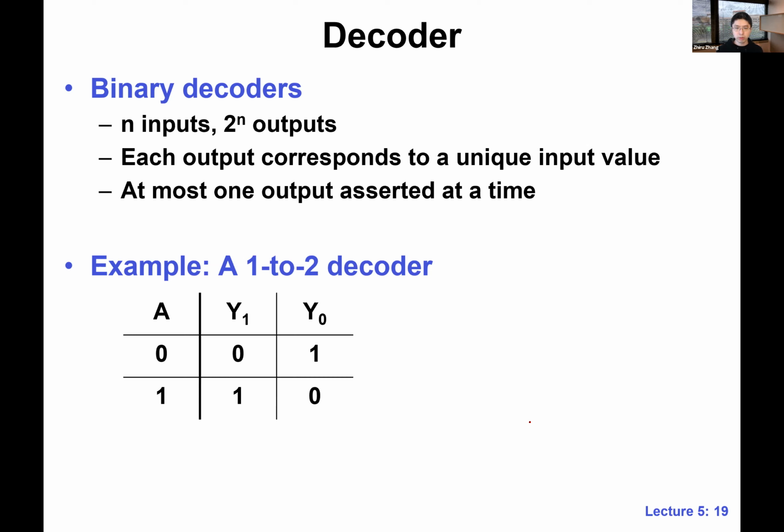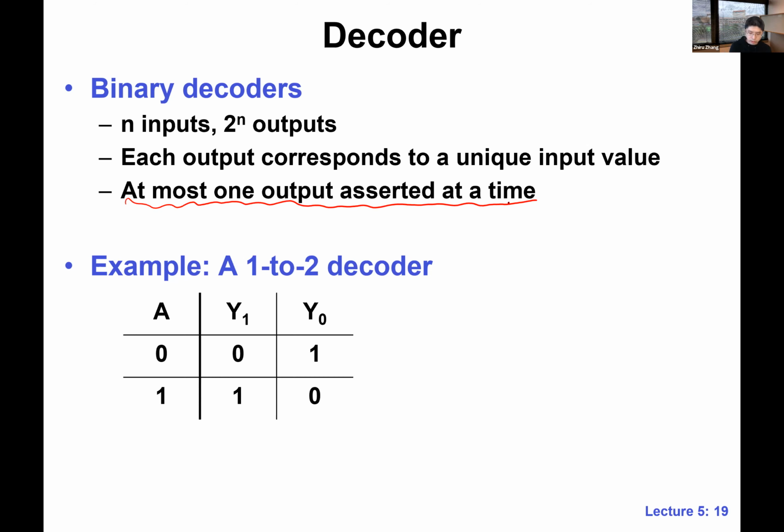We just have a few inputs, and this building block will produce many outputs, but in a very unique pattern called a one-hot pattern. Given any input combination, at most one of the outputs will be a one. So this is what we do with the decoder.